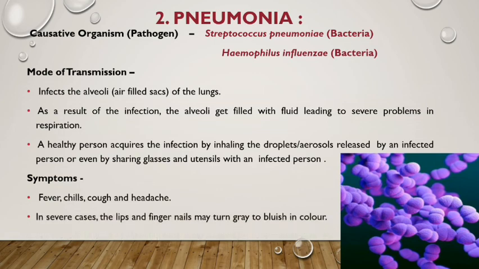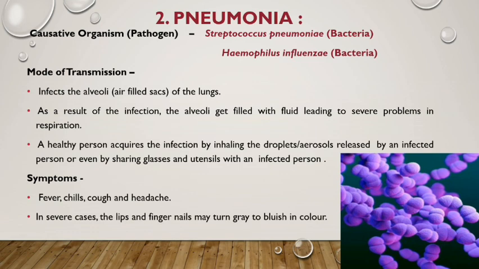Then my dear student, in severe cases, if this thing is unnoticed and the person suffers from this disease for a long time, then the lips and fingernails may turn gray to bluish in color. Now you can see the nails and the lips of the person are grayish or bluish.